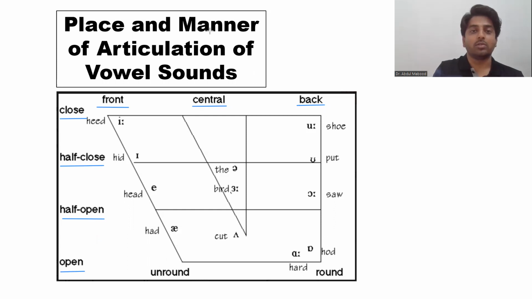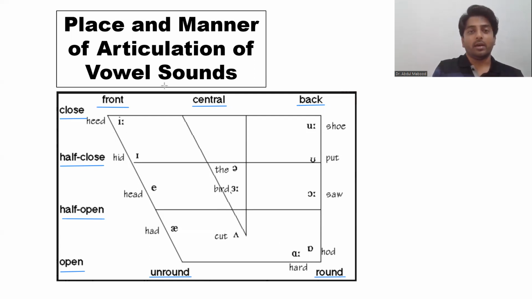Some sounds are round, meaning our lips are round, and in some cases our lips are spread, like E.